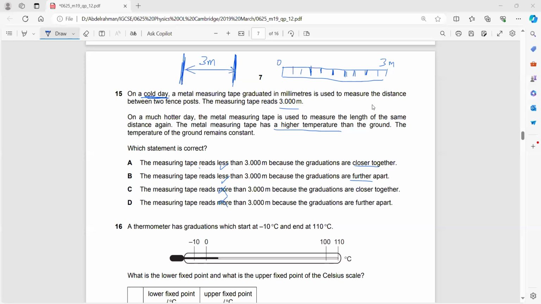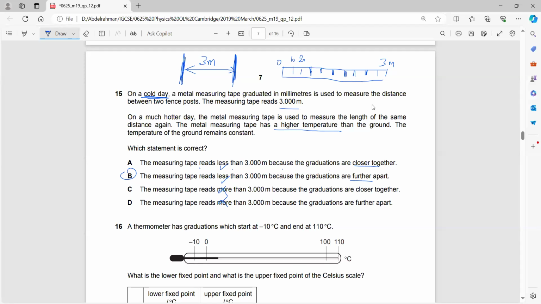The measuring tape got hot, so it expanded. The distance between, for example, the 10 centimeters and the 20 centimeters wasn't actually 10. No, the distance actually increased. It didn't get less.